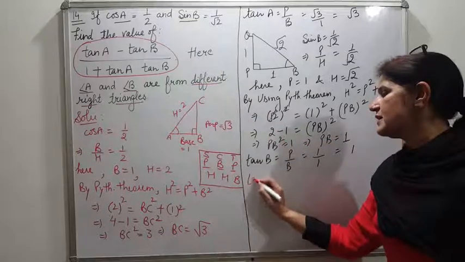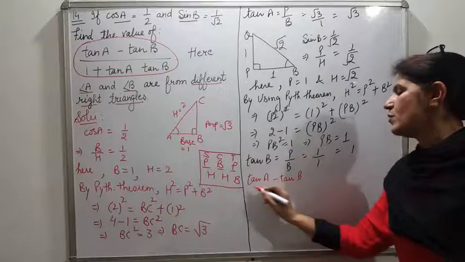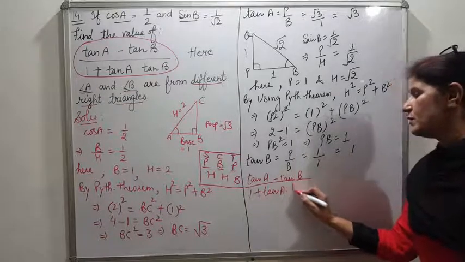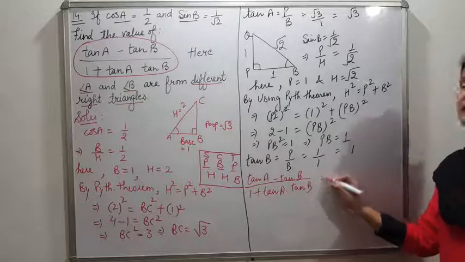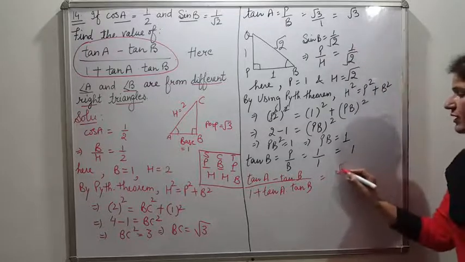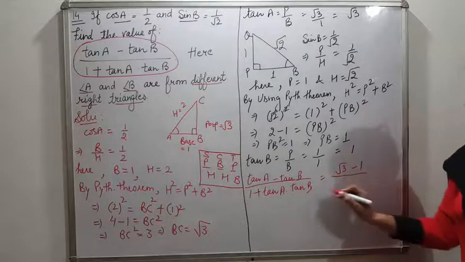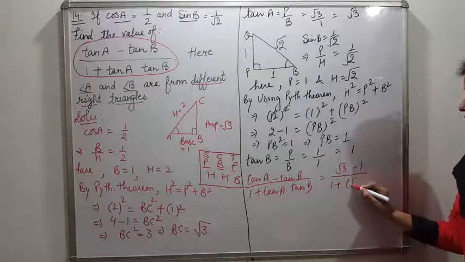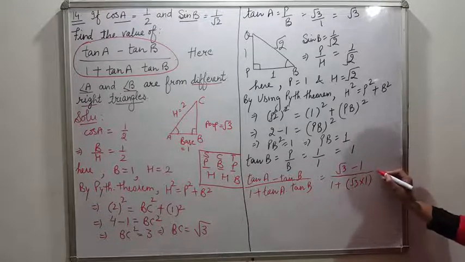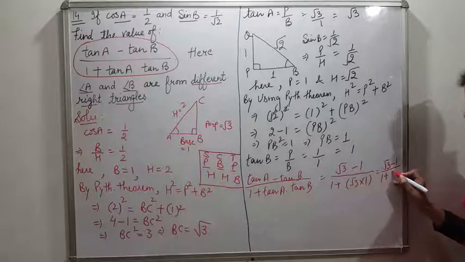It is tangent A minus tangent B upon 1 plus tangent A into tangent B, and we substitute the value now. What is value of tangent A? Root 3, square root of 3 minus tangent B value is 1 upon 1 plus root 3 into 1. Now we get root 3 minus 1 upon 1 plus root 3.